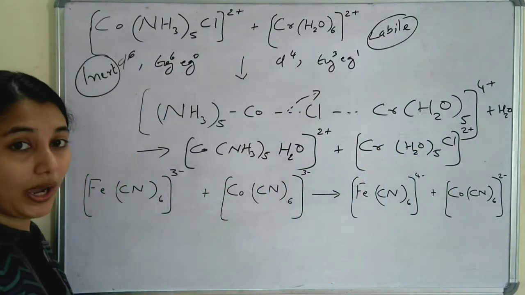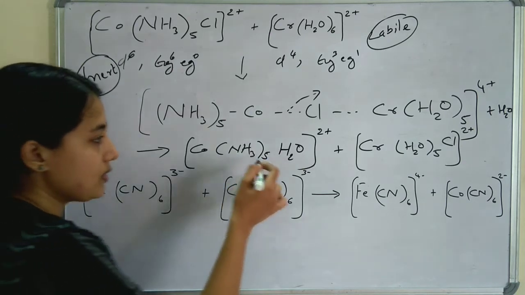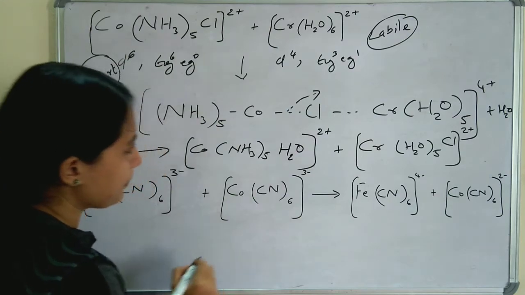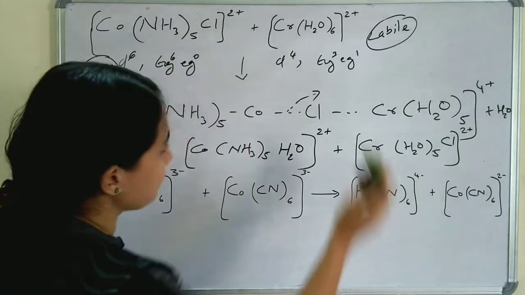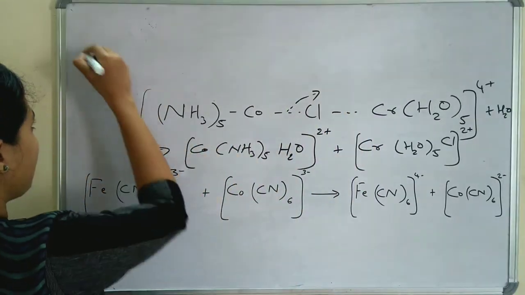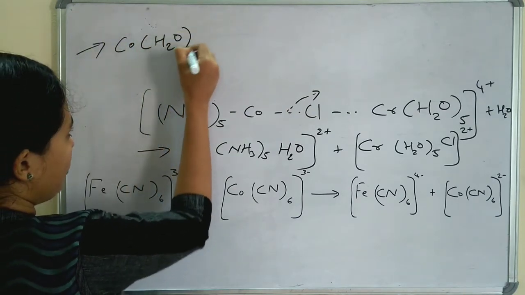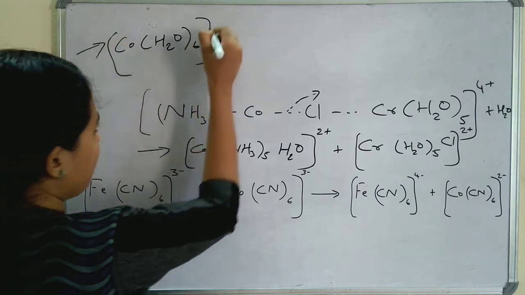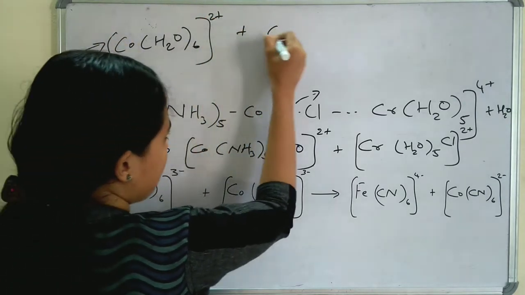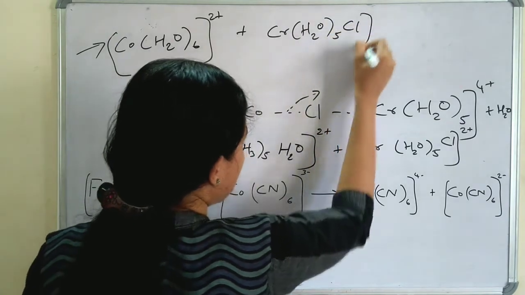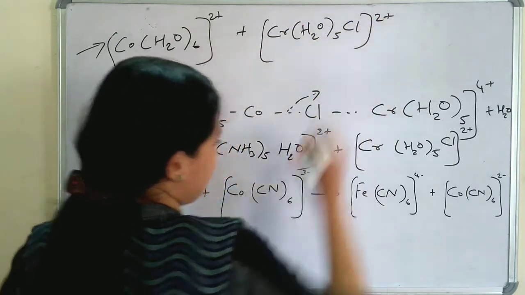Now when we do hydrolysis, what happens? The ammonia is replaced by water molecules. So we will get Co(H2O)6 2+ and Cr(H2O)5Cl 2+.